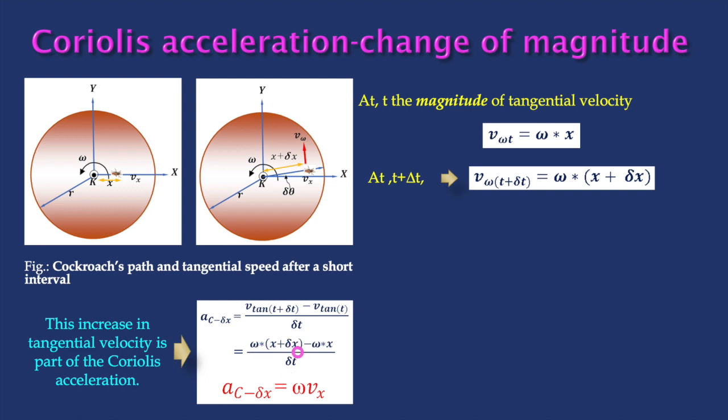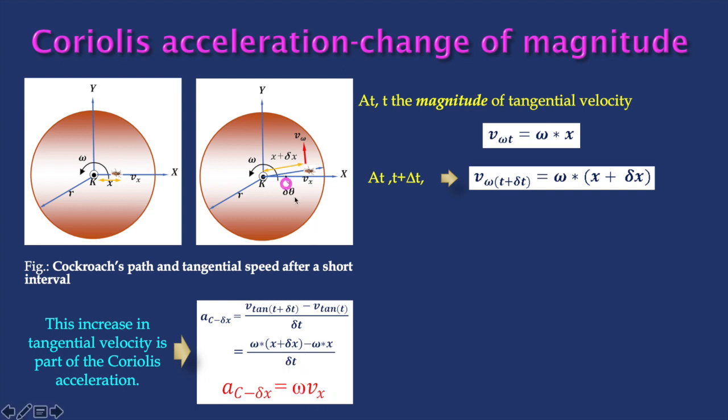That is equal to omega into del x by del t. And del x by del t is Vx. So it is the component due to the x component of velocity.